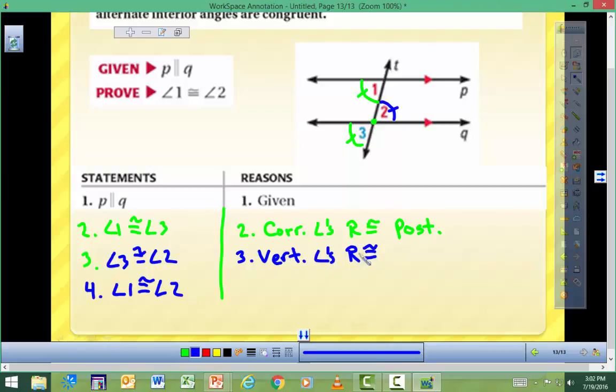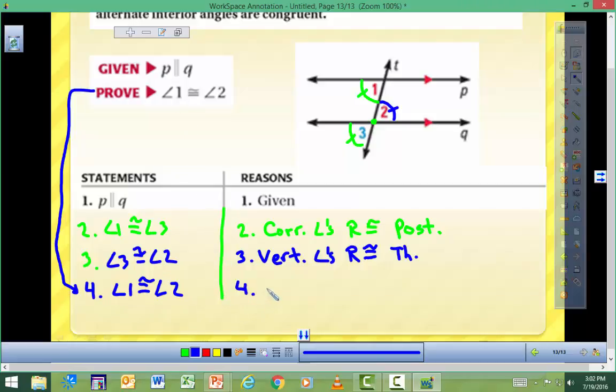And that one is a theorem, so we'll just call it TH for theorem, POST for postulate. And then the final line here, we say angle 1 is congruent to angle 2. By the way, we're done now. Remember, whenever you're doing proofs and you get to the final line, which will be the proved line, these will always be the same, and that's the way you know you're done.